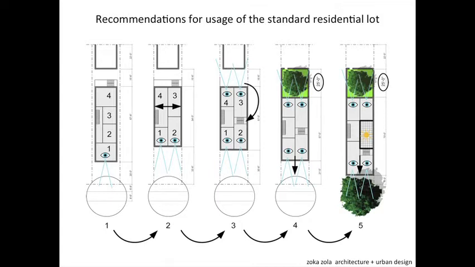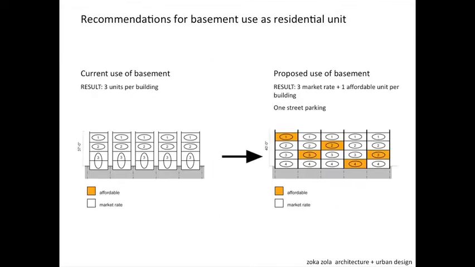The changes you see on the left-hand side are what the code asks for now and what's actually built every day. And then the one change is not to require, not to demand, but to strike out that there have to be these side yards, which are very important and very poor spaces in Chicago.